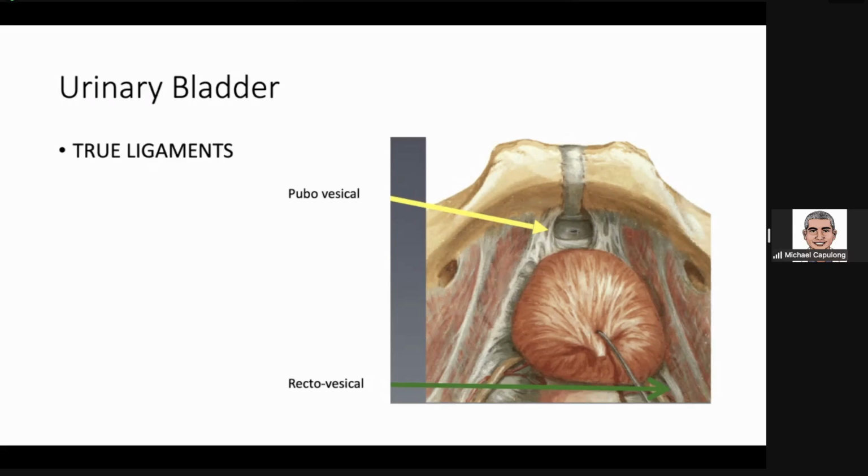The median pubovesical and lateral pubovesical ligaments are seen between the pubis and the neck of the bladder, whereas the rectovesical ligament is seen from the bladder to the sides of the rectum and your sacrum.